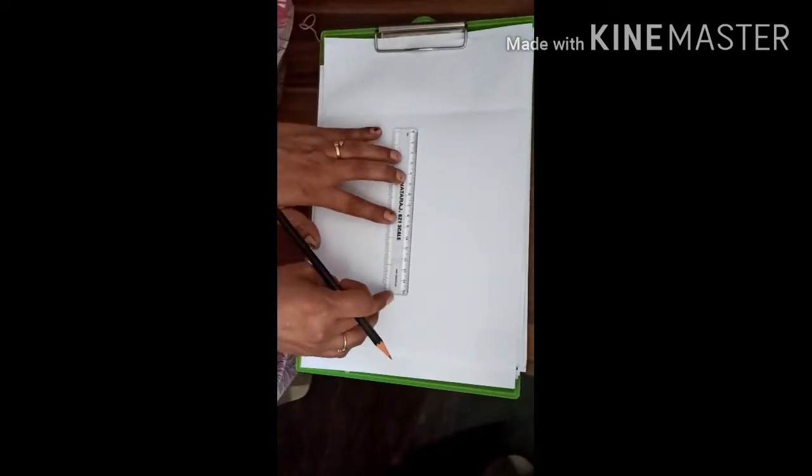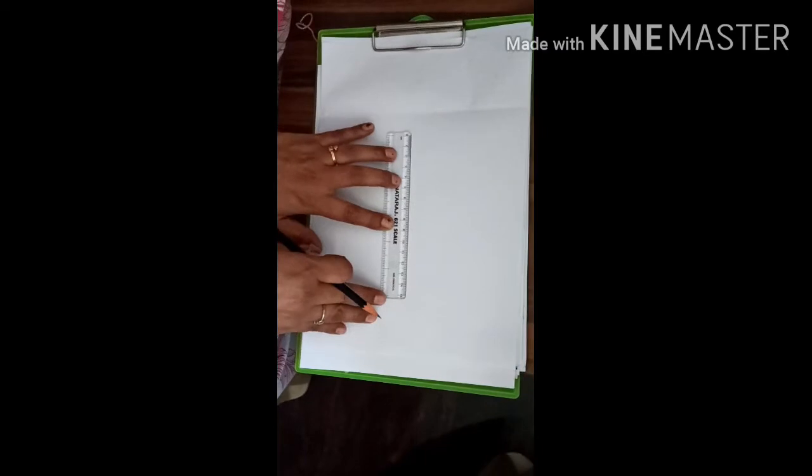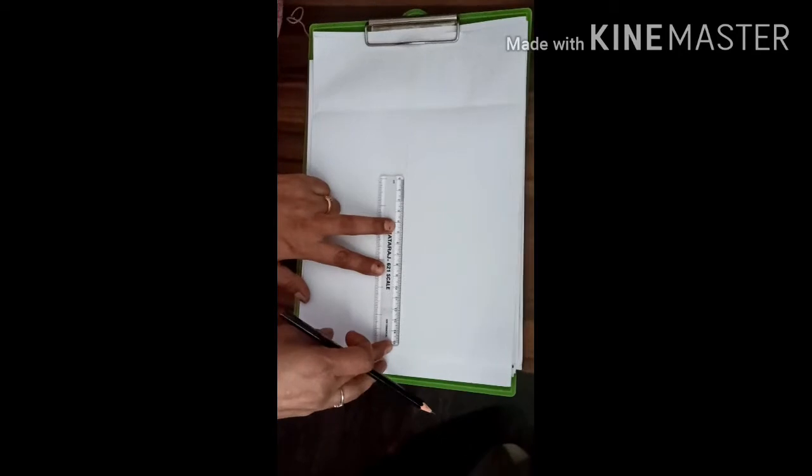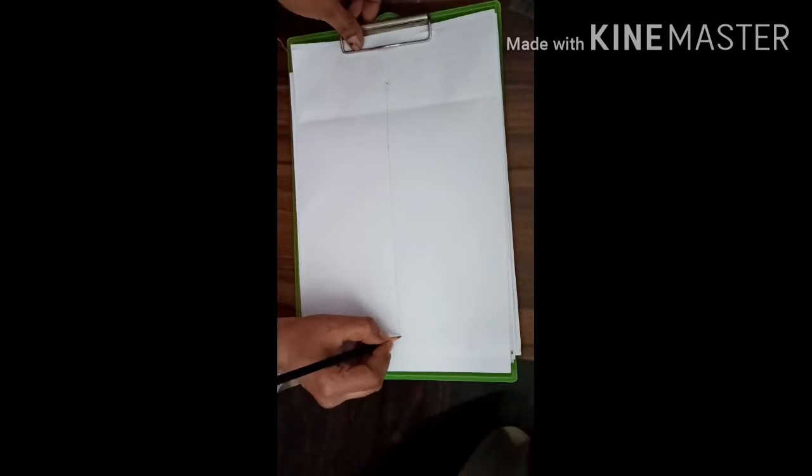First of all, let me draw the XY line and extend it on either side. Let me name it X, Y. Let me name the vertical plane VP and the horizontal plane HP. Right? We shall start solving the problem.